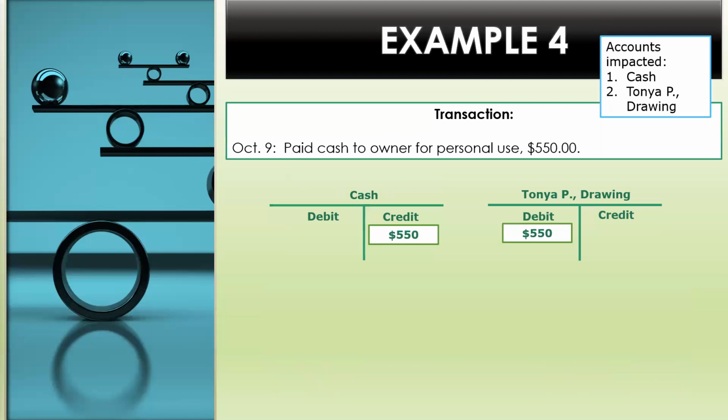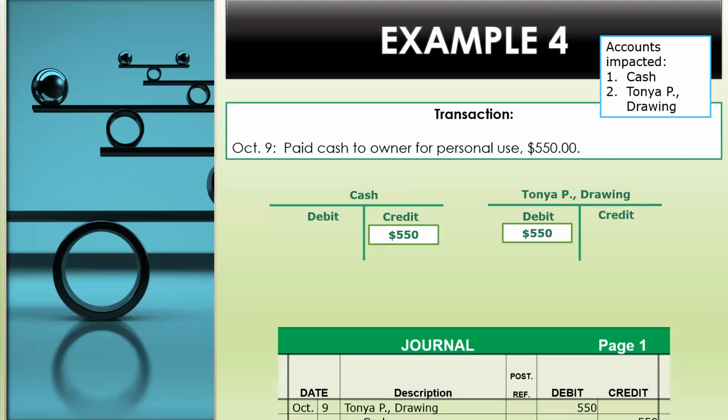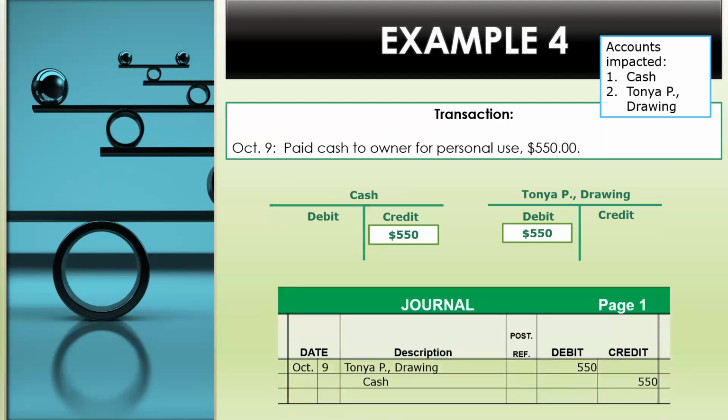Example 4, transaction. On October 9th, we paid cash to owner for personal use in the amount of $550. Accounts impacted are cash and drawing. And this is what the journal entry looks like.